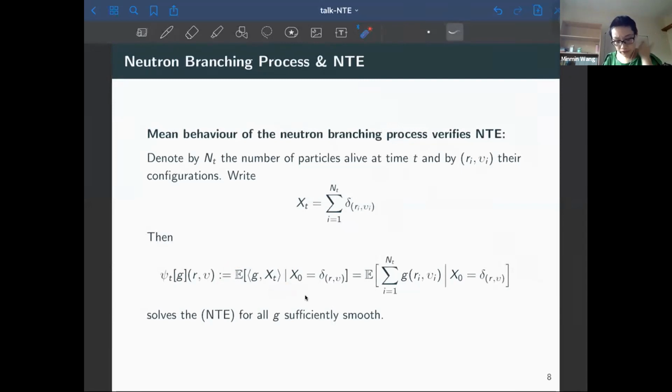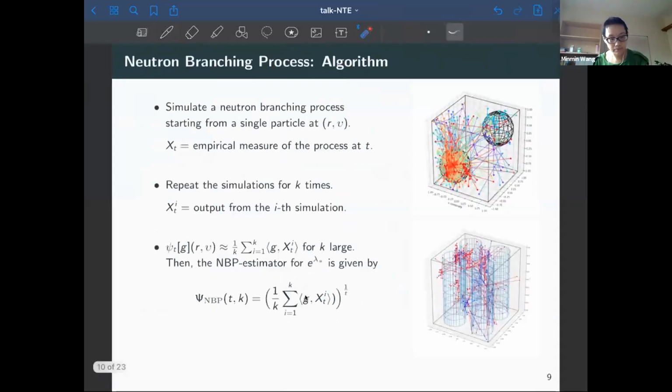This relationship leads very naturally to the first algorithm, which I call the neutron branching process. What we do is simulate this neutron branching process, starting, let's say, from a single particle at a given configuration r, v. In practical terms, the simulation involves mainly sampling a lot of exponential random variables, so in a way it's straightforward to do. And you can even have a bit of fun with the geometry.